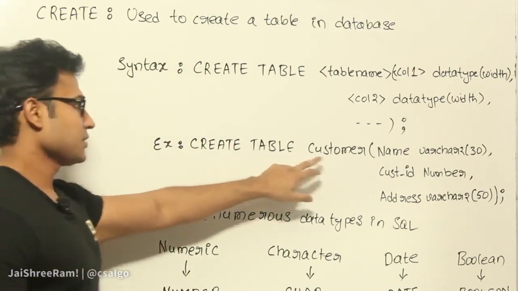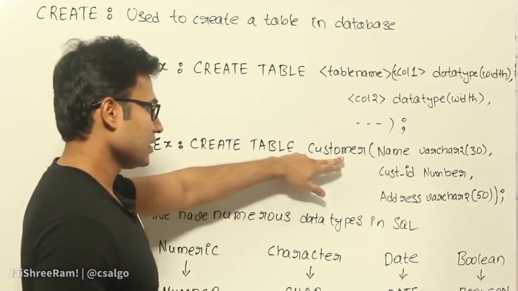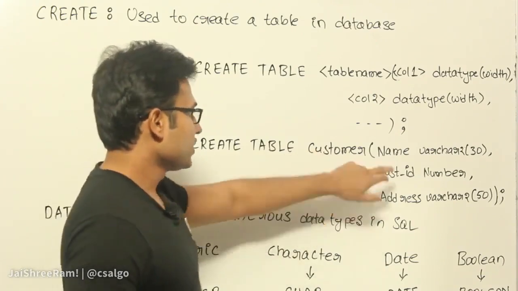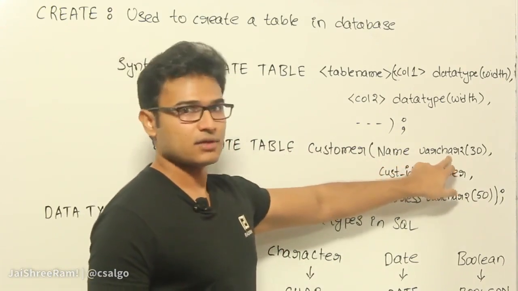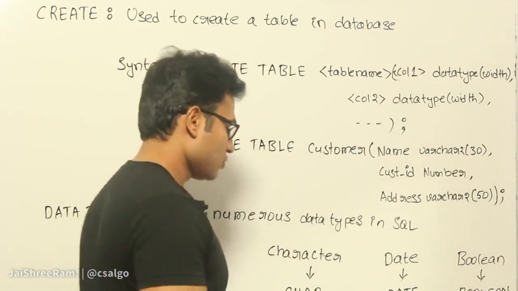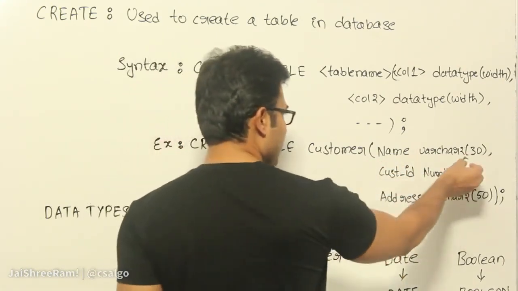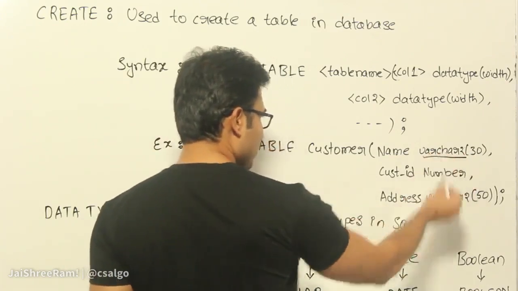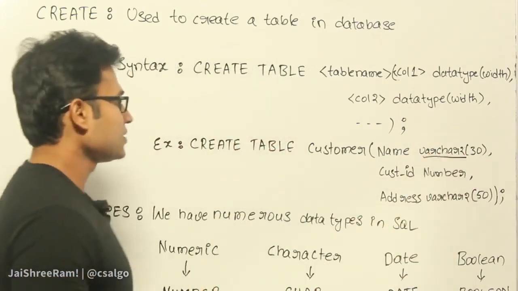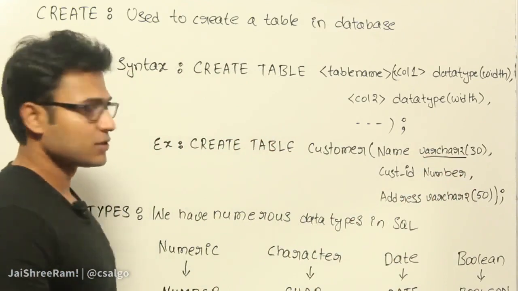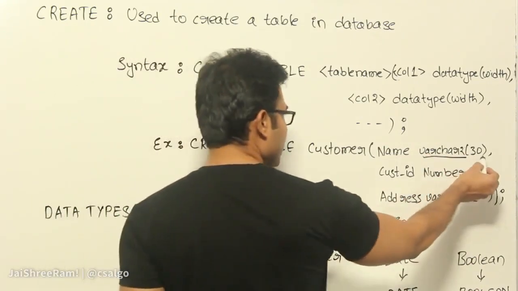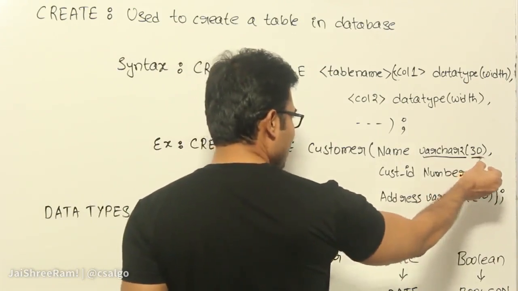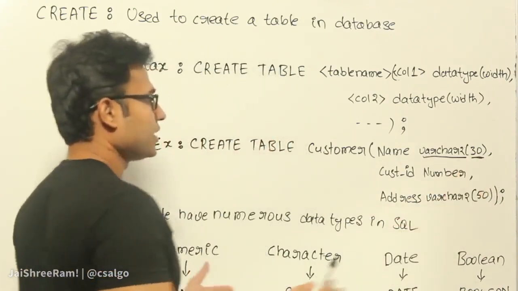Create table customer. We are trying to create a table customer in which name is of data type variable character, and varchar2 is the name of the data type. Don't worry about the exact details, they are not required. Just understand that it is a data type used to store the characters, and then the size is 30. So the meaning of it is you can have a name to a maximum length of 30 characters.